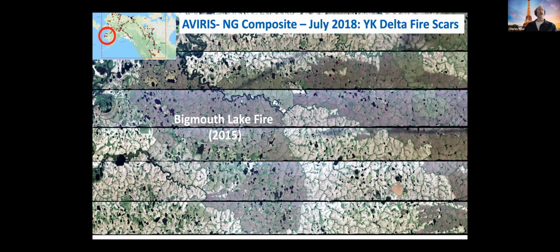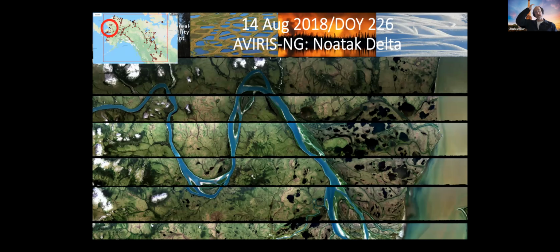Okay, again, the Big Mouth area down in the Yukon Delta as imaged now by AVIRIS. And again, you can see the clear distinction between the burn scars and the undisturbed adjacent permafrost areas. Next, please. This should also be of keen interest for those who are studying runoff and fire runoff.